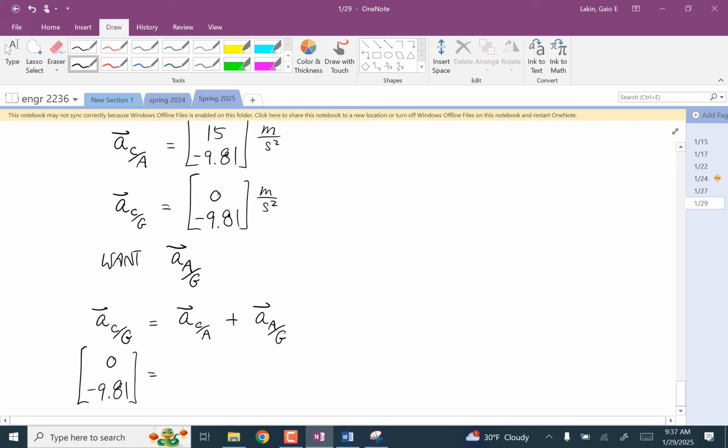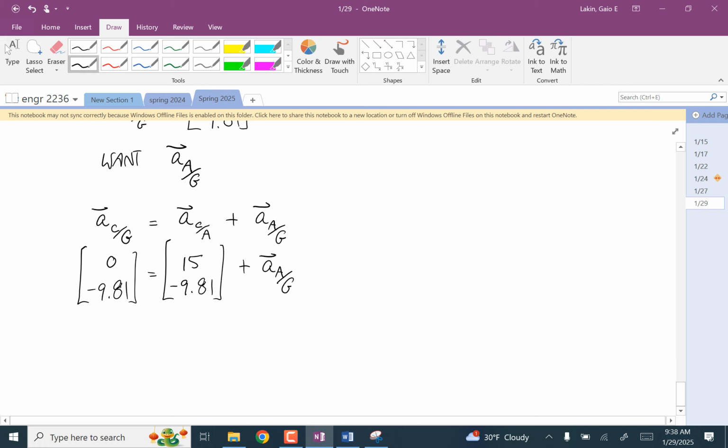And that's equal to 15, negative 9.81, plus the acceleration of A relative to G. And now just do that subtraction, and you get that acceleration of A relative to G is equal to 0, negative 9.81, minus 15, negative 9.81.